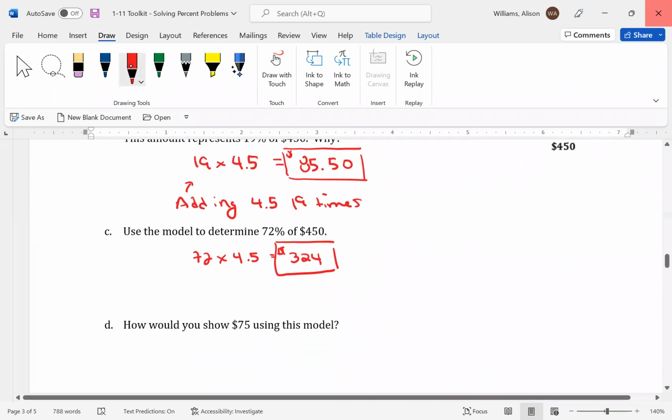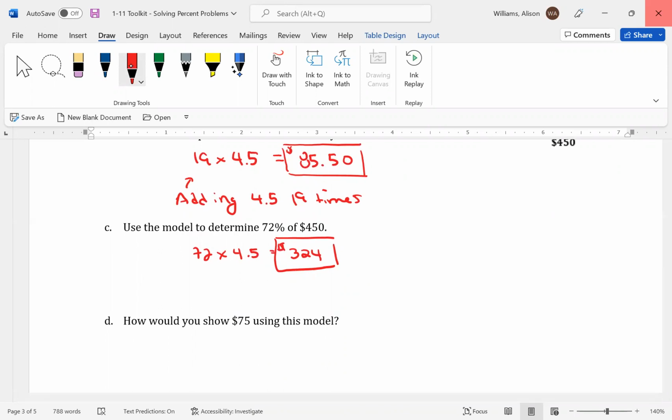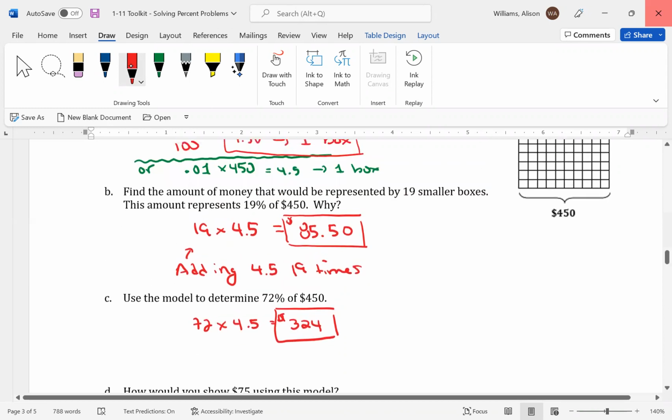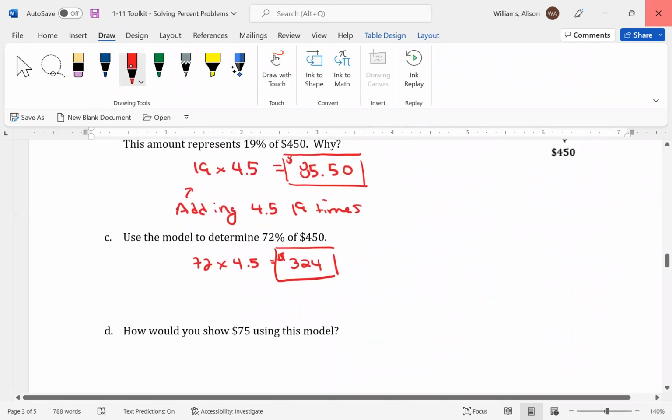Sweet. All right. How would you show $75 using this model? So how would we figure out what percent $75 represents? That's what they're kind of asking us. So what we would want to do then, is if the whole is 450, we're going to want to divide 75 by 450.